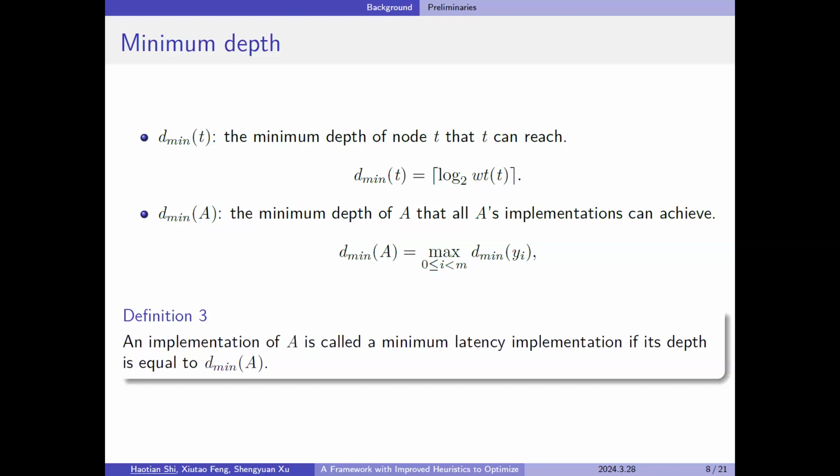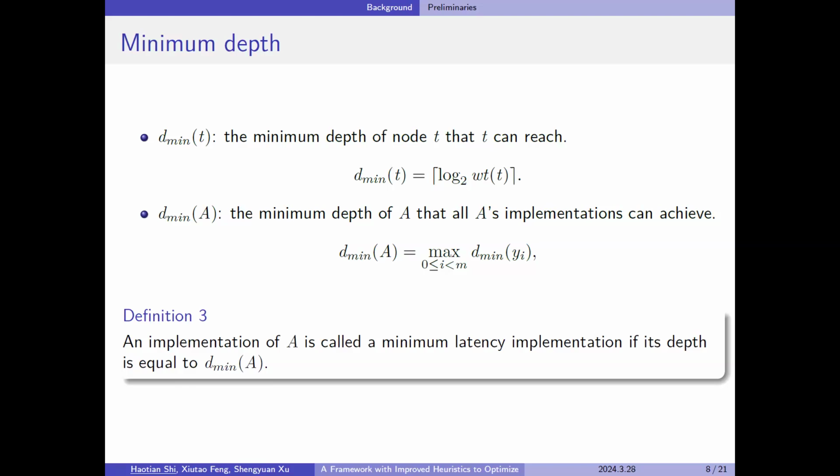Then it comes to the minimum depth. Actually, for each node, it can reach a minimum depth. It is related to its timing weight, and it is easy to see that it can be calculated as this. And then we have the minimum depth of a matrix. The minimum depth of a matrix is the depth that all its implementations can achieve.